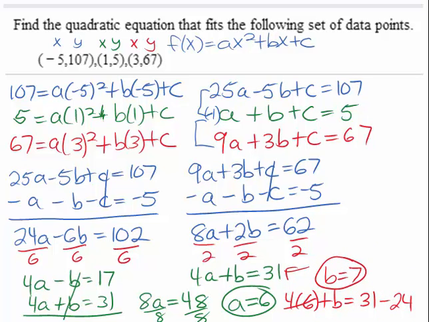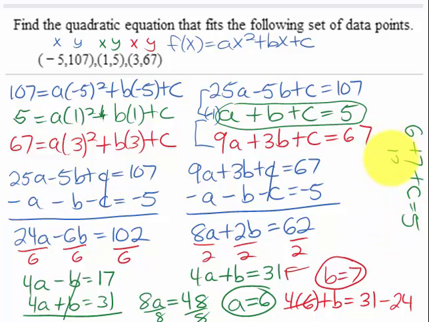Now I need to put both a and b in an equation that also involves c, and the easiest one is this middle one. So my a is 6 plus my b, which is 7, plus c equals 5. So I can combine those. 13 plus c equals 5, and c equals negative 8.